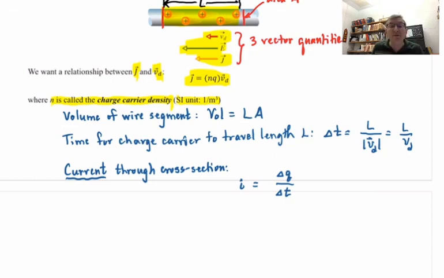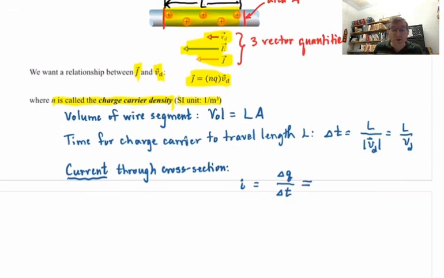And then the total charge that passes through will be, in fact, the total charge from the charge carriers that was in the conductor in this length L, because that's how much can get through the left end in the time delta T. And the total amount of charge from the charge carriers in that length L would be the carrier density, little n, that's the number of carriers per unit volume, times that volume, times the charge of each carrier, little e.